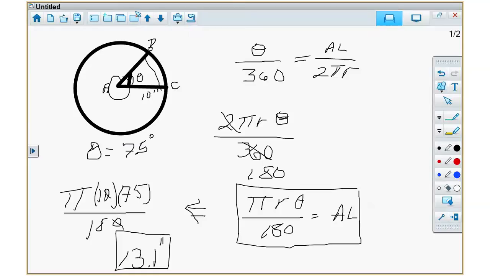The next one: find theta if the arc length is 9 centimeters.